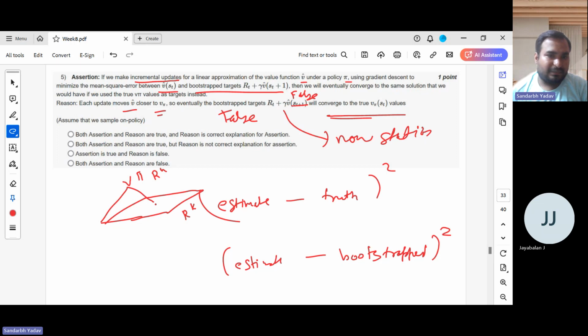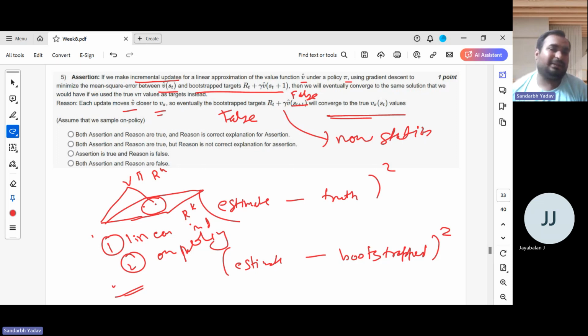But the thing is, under some mild conditions, the distance between them is bounded. And those mild conditions were first linear independence, and second was on-policy. So it is bounded, but will it exactly match? No. So again, that makes it false.